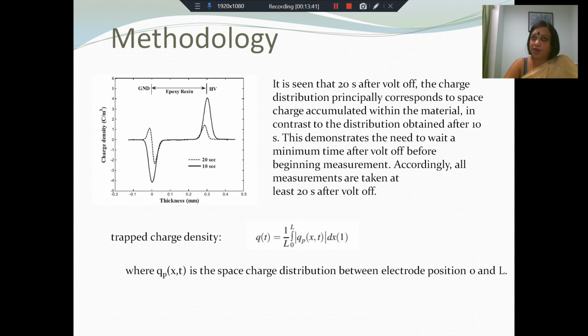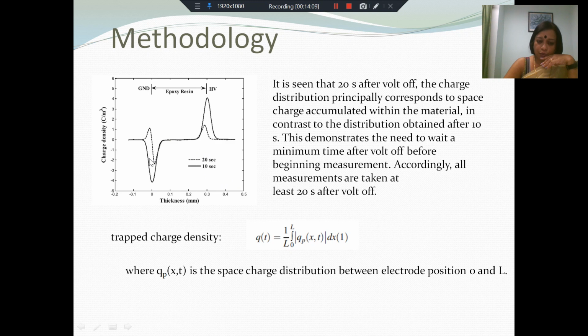So we have to wait for a sufficient quantity of time. The sufficient quantity of time depends upon the material in question. Once we wait sufficiently after switching off the voltage, the polarization charge will disappear and you will be left only with trapped charges. These trapped charges are, of course, only at the electrode for this kind of sample, and this is an unaged sample.